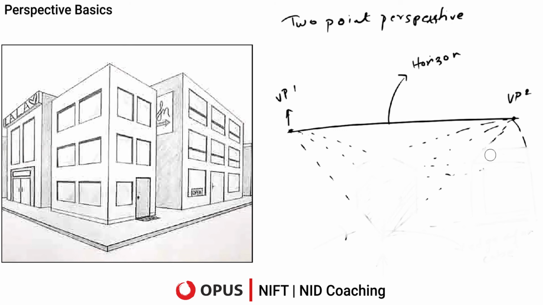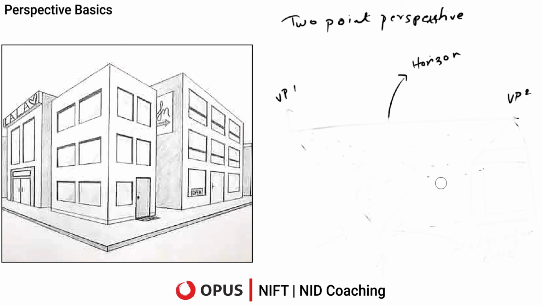So let's get the idea from another demonstration of the same type. Then you will understand why it is necessary to understand the difference. Suppose I draw a clear straight line here, and I take a vanishing point here, another vanishing point somewhere here.